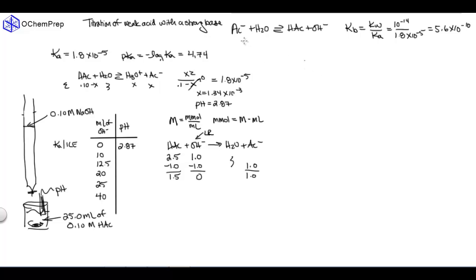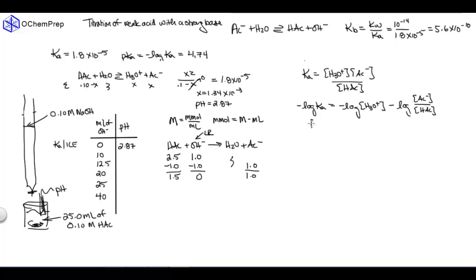Henderson-Hasselbalch is the equation that comes from Ka. So if you take the expression for Ka right here, which looks like this, Ka is equal to H3O+ times Ac- over HAc. And amazingly, just take the negative log of both sides. Negative log of the Ka is equal to negative log of the H3O+, and I'm going to separate out this ratio, minus log of the base, Ac-, over the acid, HAc.